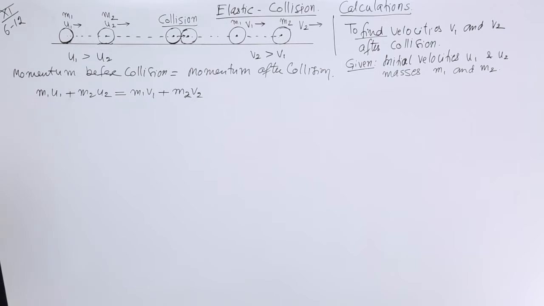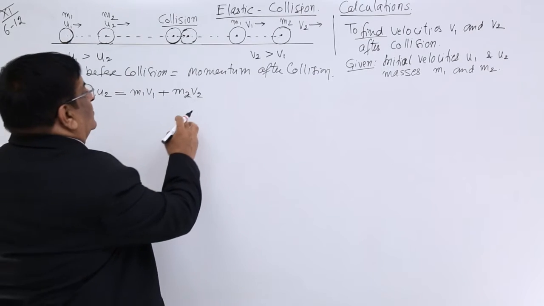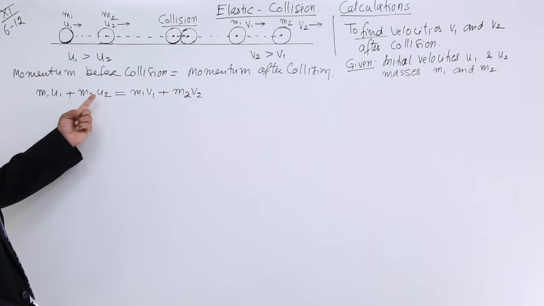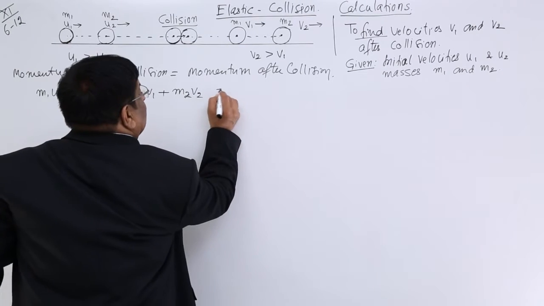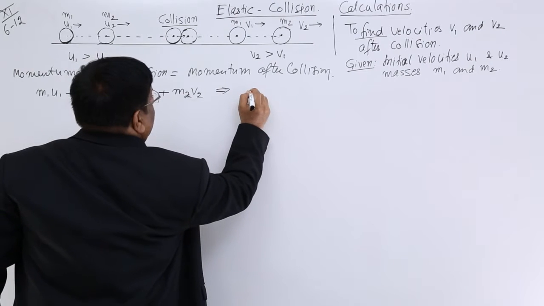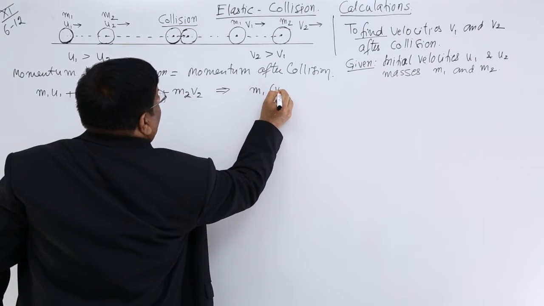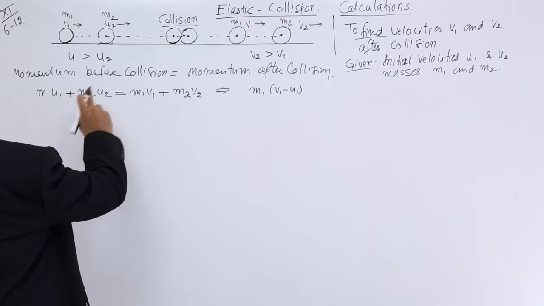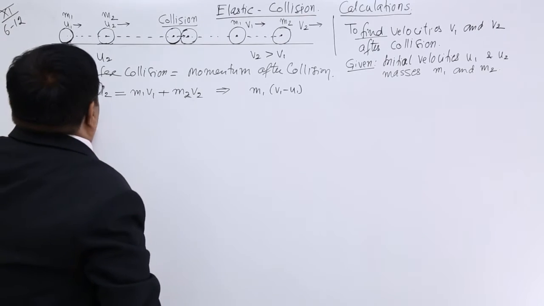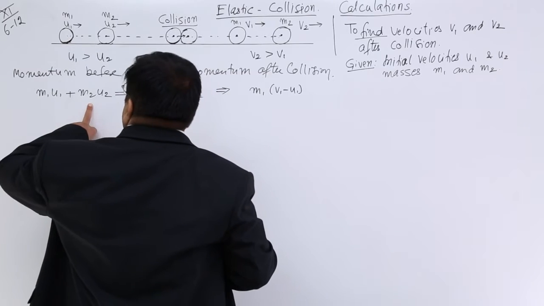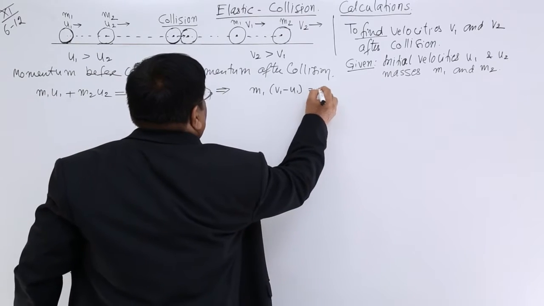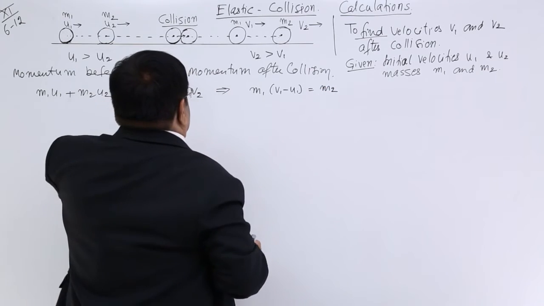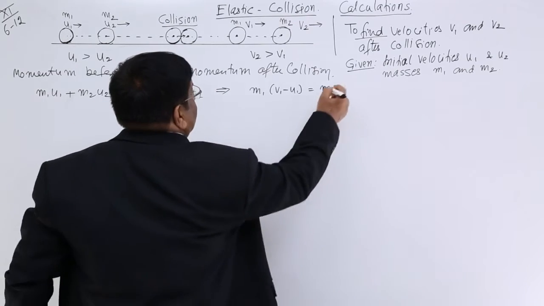This is the one equation we get, and we can do a little transposition so that m1 quantities are on one side, m2 quantities are on the other side. So this leads to m1 (v1 minus u1) equal to m2 (u2 minus v2).